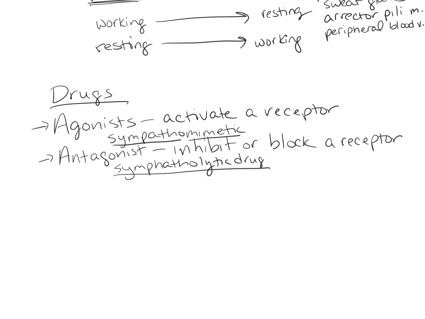And with the parasympathetic nervous system, the parasympathetic agonist is known as a parasympathomimetic drug, and the antagonist would be known as a parasympatholytic drug.